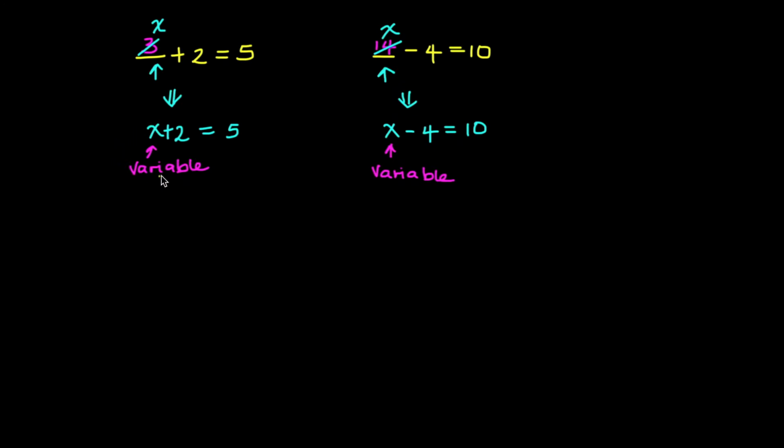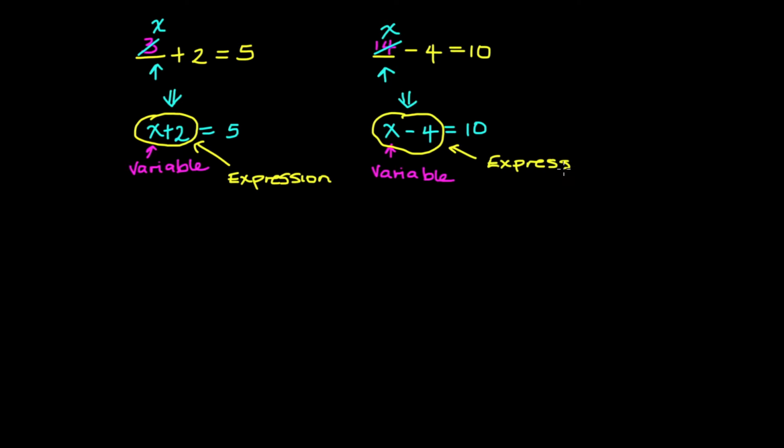Going back to this first example here of x plus 2, this whole part right here is what is known as an expression. Similarly, over here, the x minus 4 is also known as an expression.